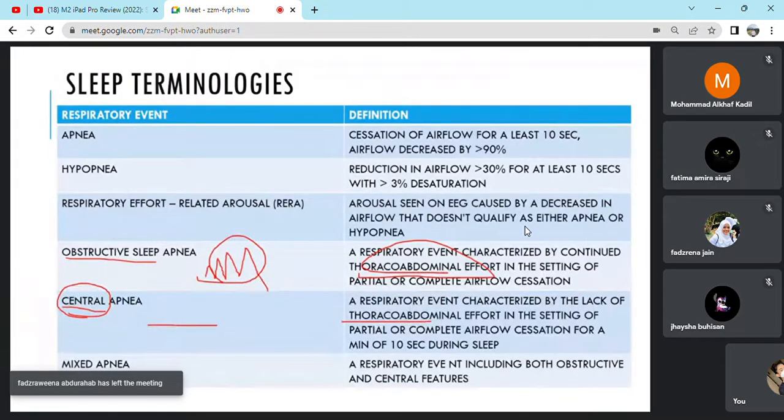Kaya makikita mo gumagalaw pa yung inyong mga thoracoabdominal muscles. While in your central sleep apnea, you do not actually see such things occurring in your patient. Of course, mixed apnea, again, as I've said, is a combination of both problems. So you will see that you will have obstructive sleep apnea at the same time as central apnea in your patient. Okay?